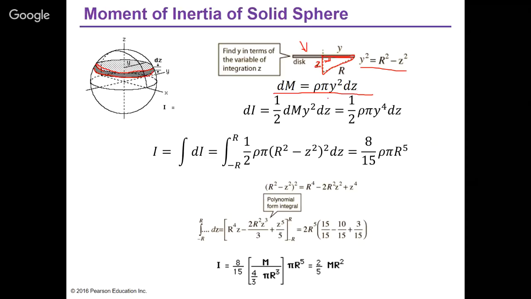Okay. And the moment of inertia for this little disk would basically be half the mass times y squared, right? Right, and sorry, this is not supposed to be here. dm times y squared. Remember that, right?